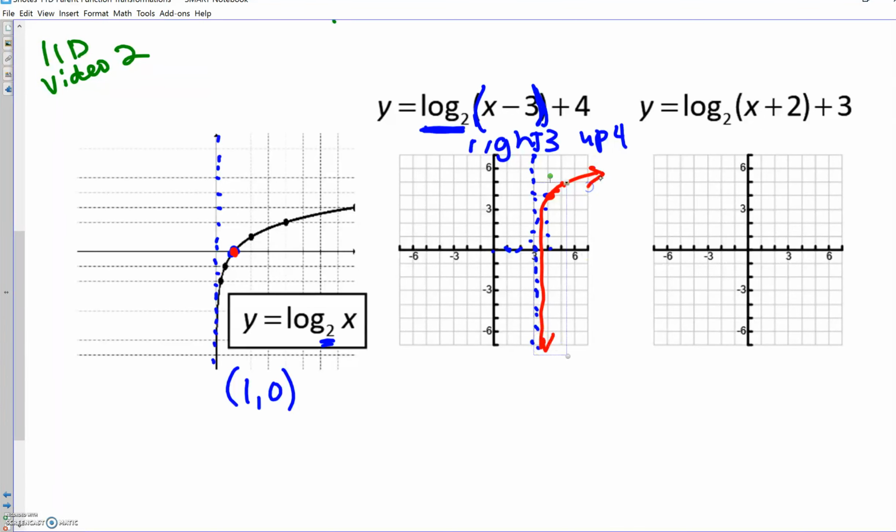The important thing to remember is that there is an asymptote, and that's going to move left or right. In this case, it was right 3, and then we're going to graph the point. Just make sure that the point (1, 0) is on there and gets moved and translated. So give that a try here on this next one.